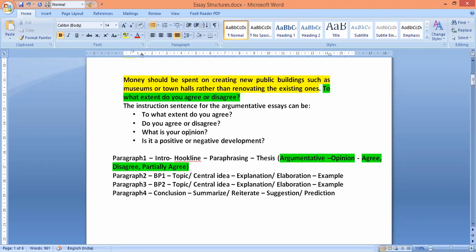Sometimes what people do, they say, I completely agree with this. Then in BP1, they will take the other side: although digging the earth, it is important to dig the earth or excavation for these reasons. But you are completely disagreeing, that they should not do that.